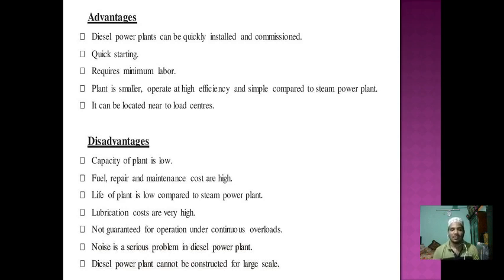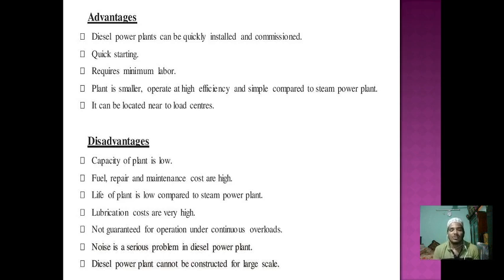Fuel, repair and maintenance cost is high, because whenever we are using the diesel power plant, we have to insert the diesel as per the criteria to generate the electricity as per our requirement.